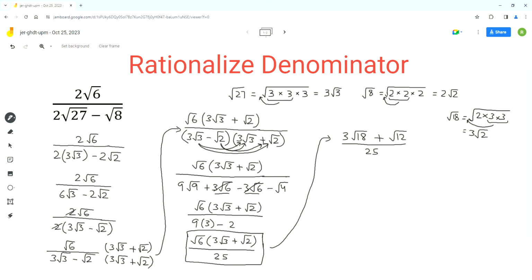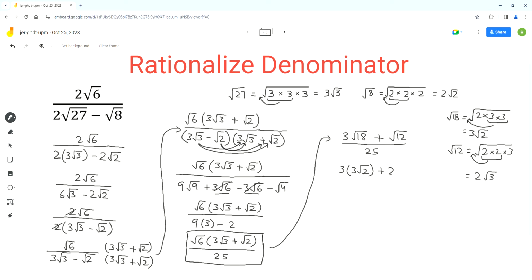So in the next step, we can write 3 times 3 square root 2 plus, now we can rationalize square root of 12. So square root of 12 can be written as square root of 2 times 2 times 3. So the two 2's can be taken out as a single 2. So we get 2 square root 3.